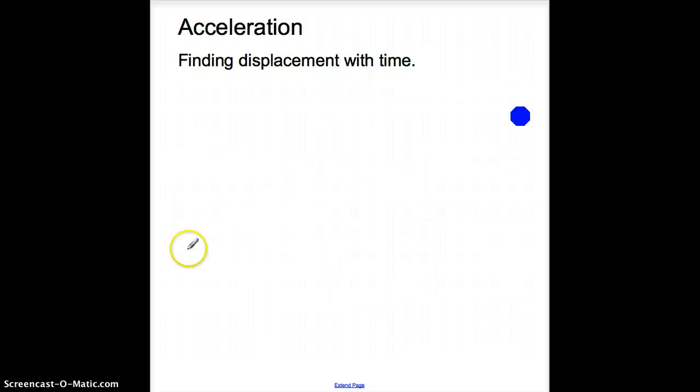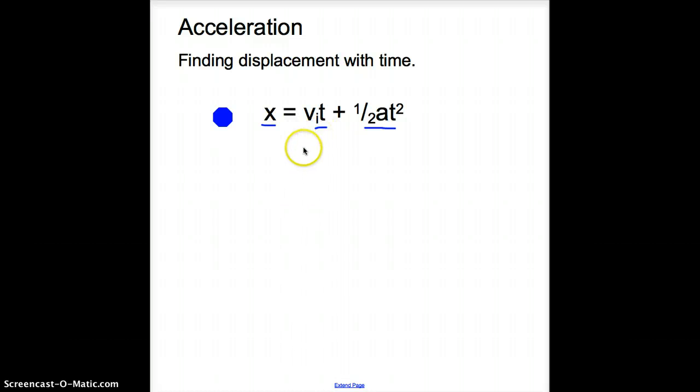Well, the next component is finding acceleration with displacement, and this time we include time. So if I have time, look at the formula that I have. I have my x, which is once again my displacement. I have initial velocity times time plus 1/2 acceleration times time squared.